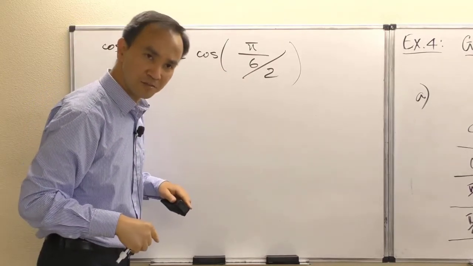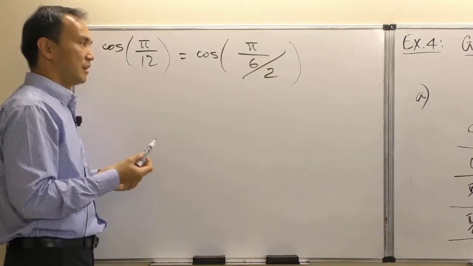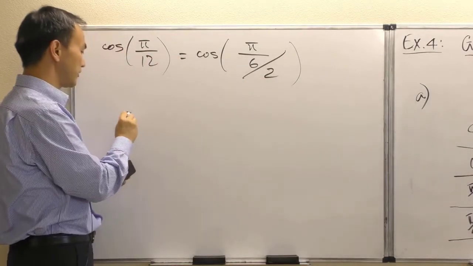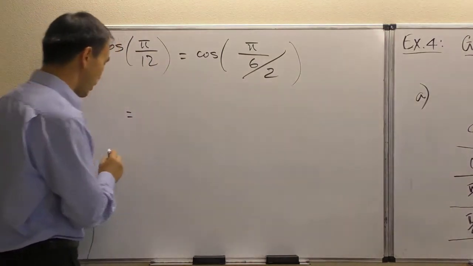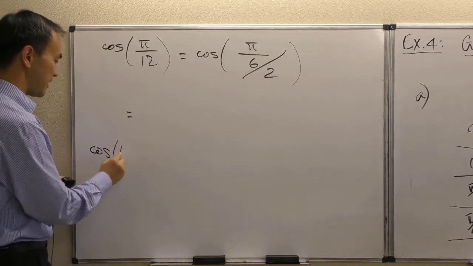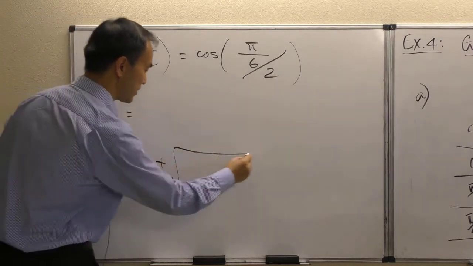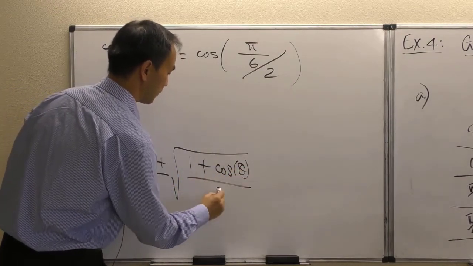angle formula. Okay, and with the half angle formula, since pi over 12 is in the first quadrant, we're going to use the following half angle formula. It's going to be positive, because recall that the cosine of a half angle is plus or minus the square root of (1 plus cosine theta) over 2.